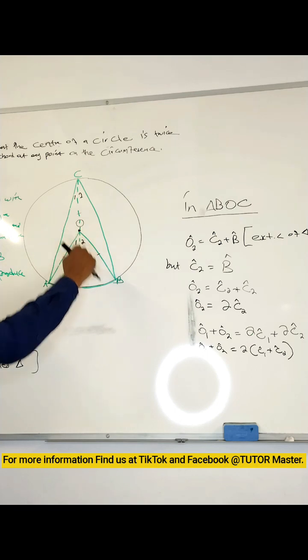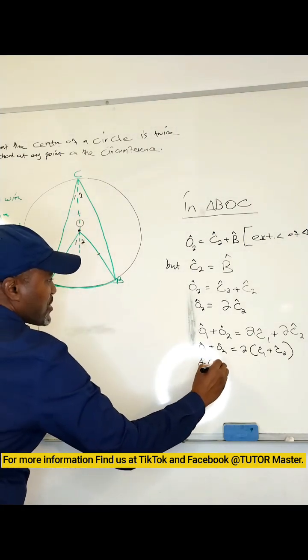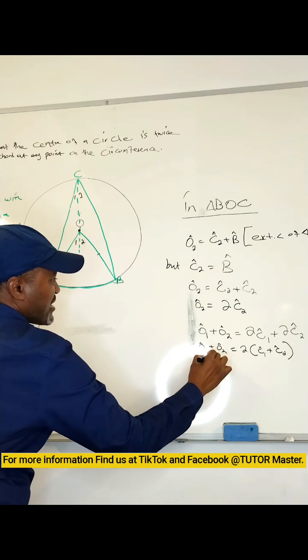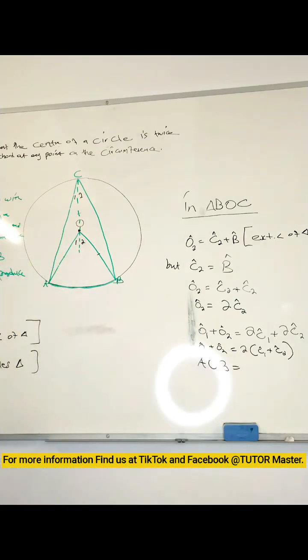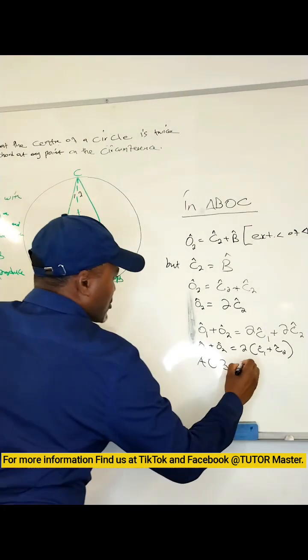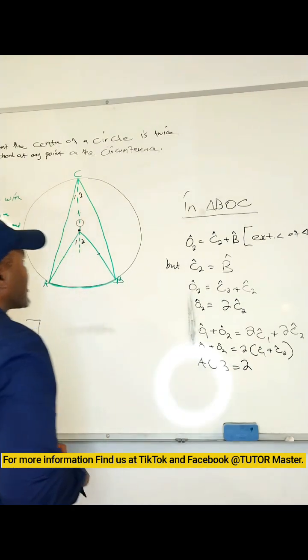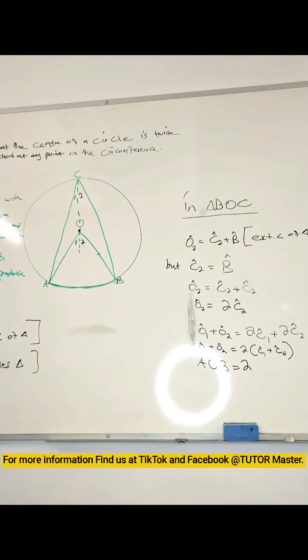It's the same angle. Then what are C1 and C2? Let's check again from our drawing. C1 and C2 make this angle.